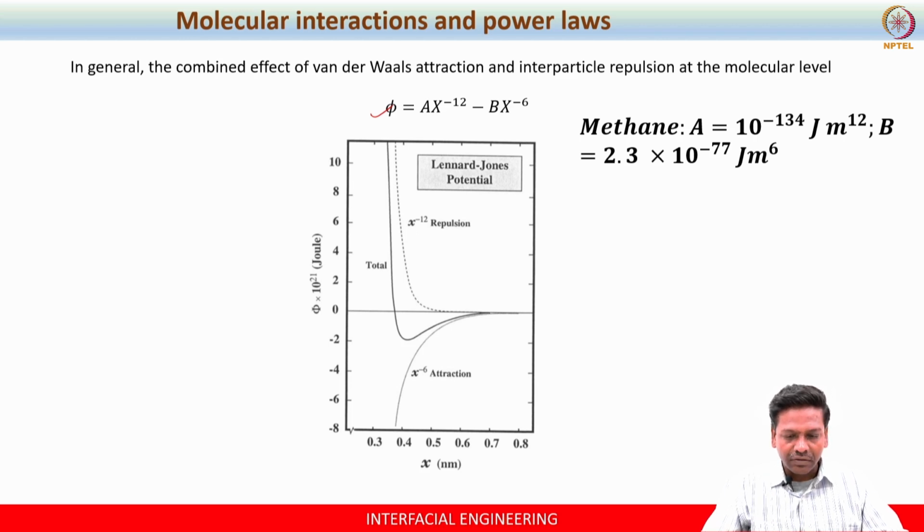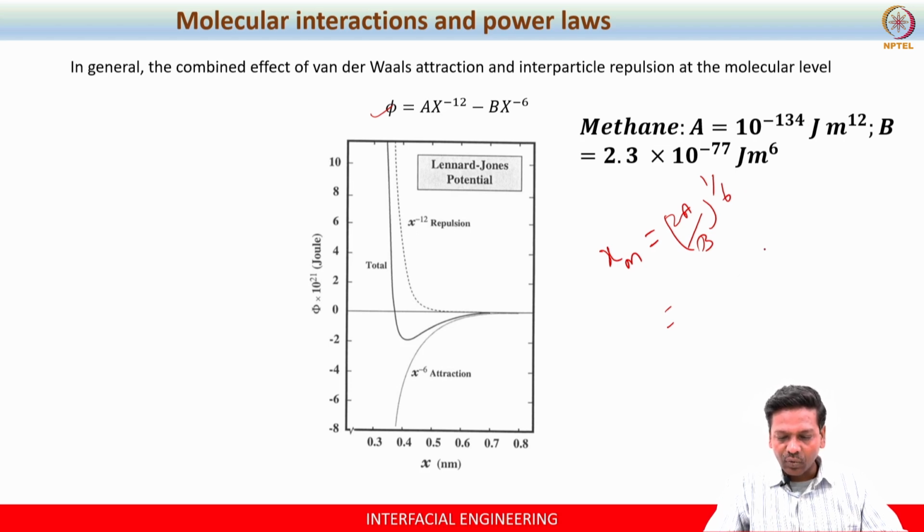You can understand further by calculating xm, the minimum coordinate at which it will pass through minima. We know that it is nothing but 2a by b to the power 1 by 6. If you substitute these values, remember the units of a and b: in the case of a, it is joule meter to the 12, and in the case of b, it is joule meter to the 6.